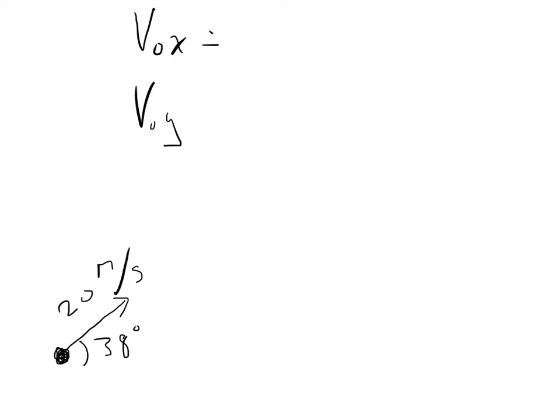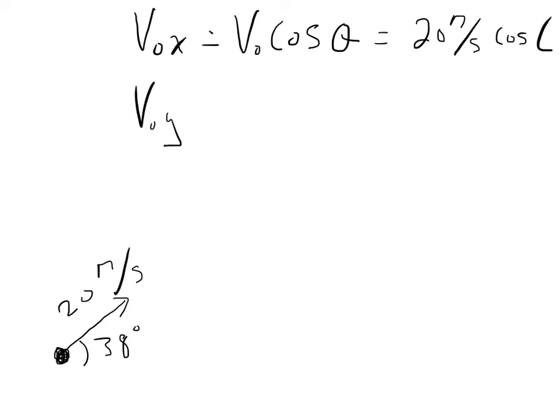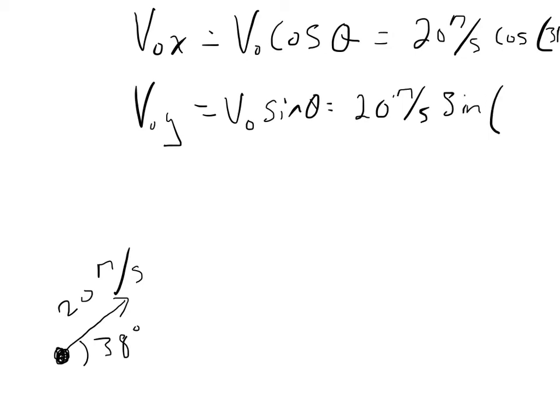V naught x is what? Right. That velocity is constant. It's 20 meters per second times cosine of 38, which I can't really squeeze in there, so sorry. And then v naught y is v naught sine theta, which is equal to 20 meters per second times the sine of 38 degrees, right?